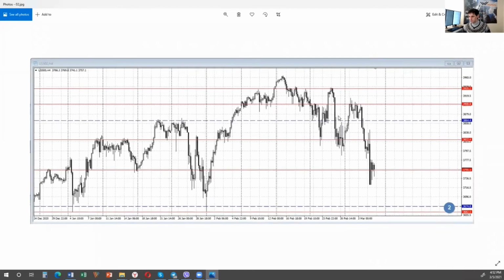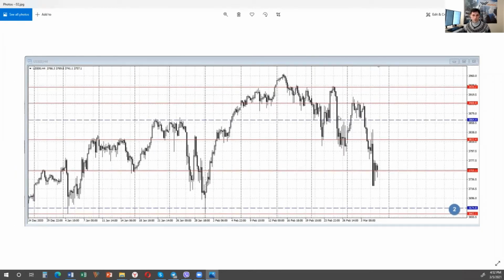Next picture. Now, we clarified locally, because if we intend to carry out short-term trading, then it is the local reaction that is interesting to us.